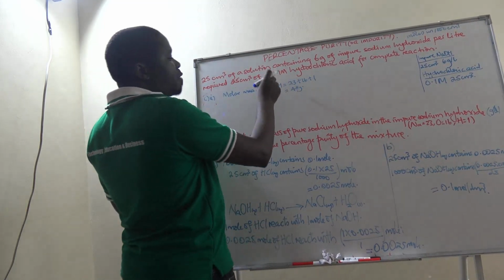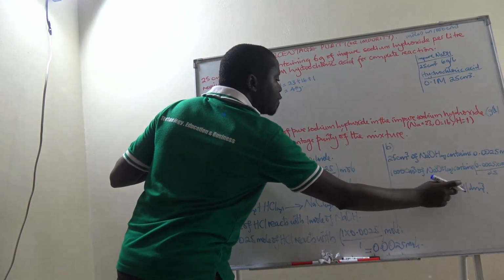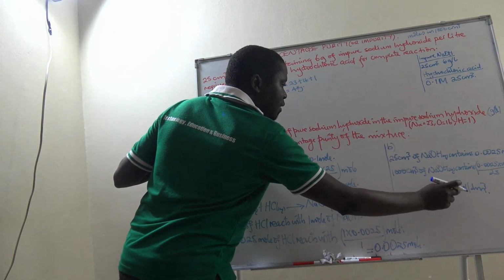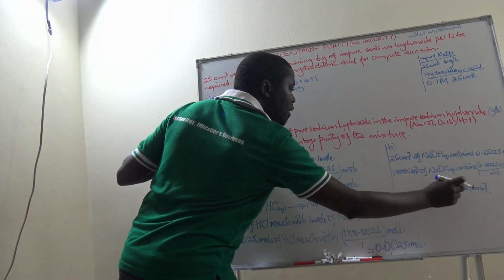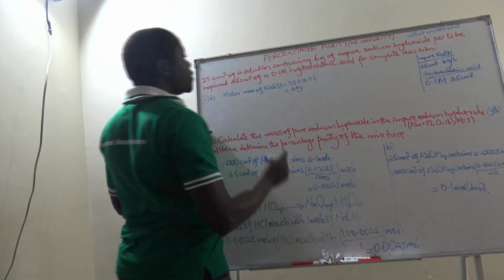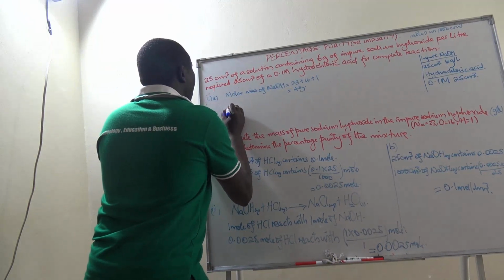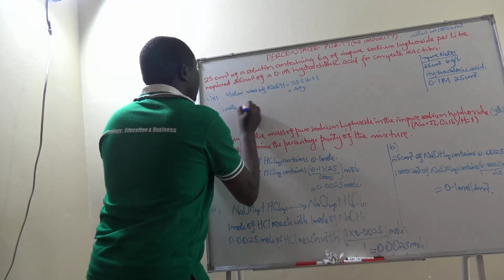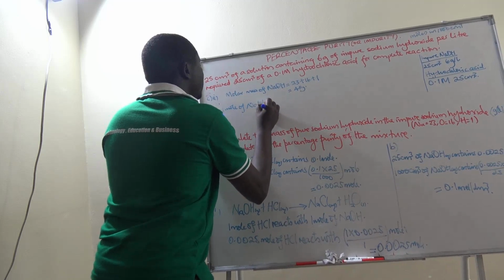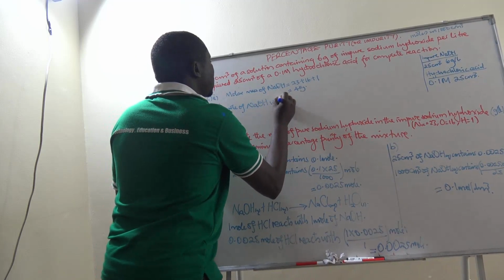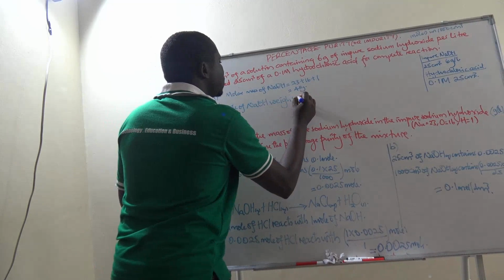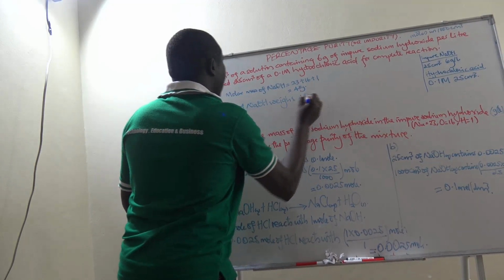So this is the mass of 1 mole. What are we looking for? We are looking for the mass here. We are changing this mole, the value of molarity, to mass. So since we are looking for mass, we take mass to the other side, and we say 1 mole of sodium hydroxide. This time it does not contain, but it weighs 40 grams.